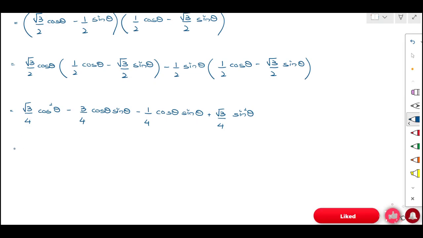Okay. Let me combine this. Square root of 3 by 4 cos square theta plus square root of 3 by 4 sine square theta. This first term and this last term. Okay. Now 4 is in the denominator. This is cos theta sine theta, cos theta sine theta. Minus 3 minus 1 by 4. Minus 3 minus 1 is minus 4. Minus 4 by 4 is just minus 1. Cos theta sine theta.